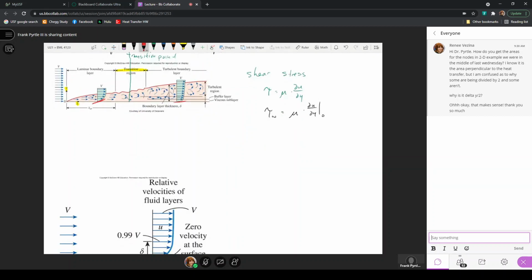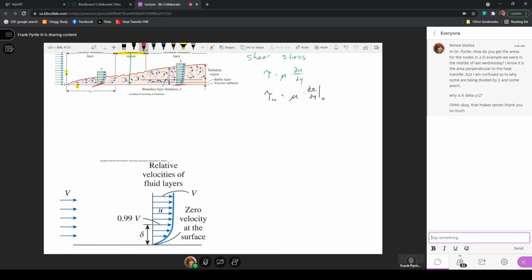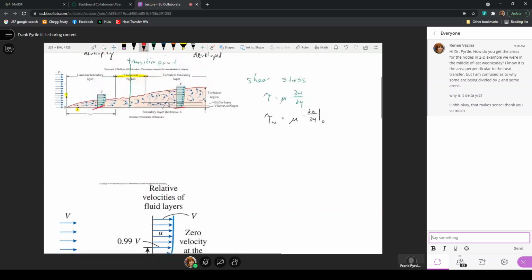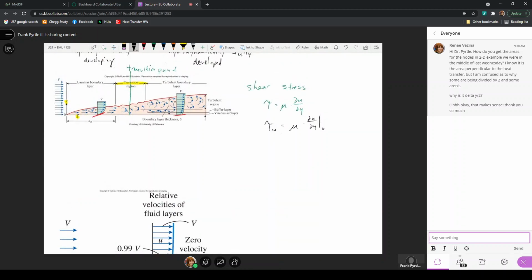Now, as review, this red line that was drawn as the boundary layer is what we call the velocity boundary layer, delta. That is in contrast to delta sub T, which is the thermal boundary layer. Both of those layers we will be concerned about.